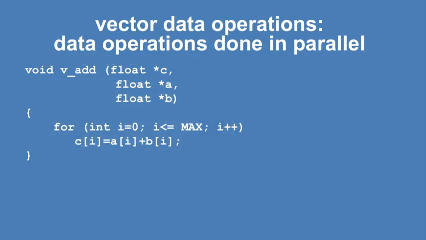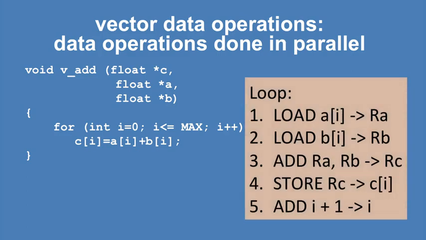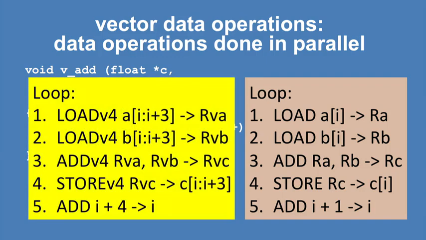So you could take a look at a simple program written in C like this. It just says, let's add a couple of vectors together and produce a vector. And the way that we would want a compiler to handle this is to pick up data elements one at a time, add them, and store them back. Well, if we've got vector instructions, we can pick up 4 at a time, for instance. Vector lengths may be different.